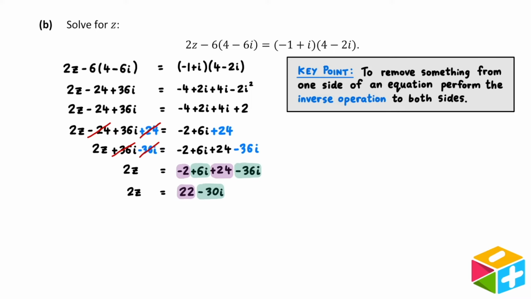From here, we can do some simplification on the right-hand side. Minus 2 plus 24 is 22, and plus 6i minus 36i is minus 30i.